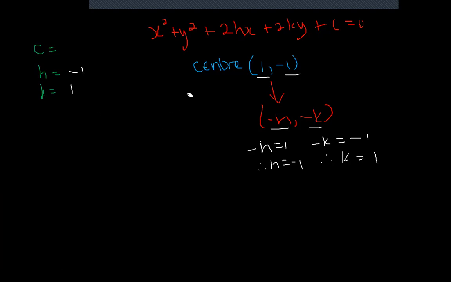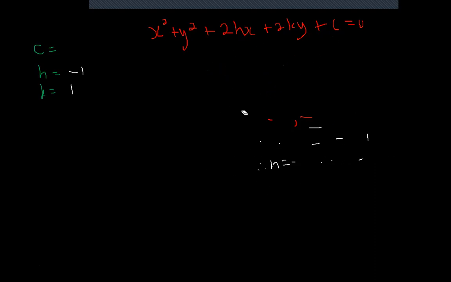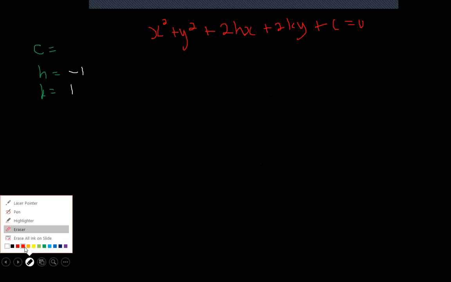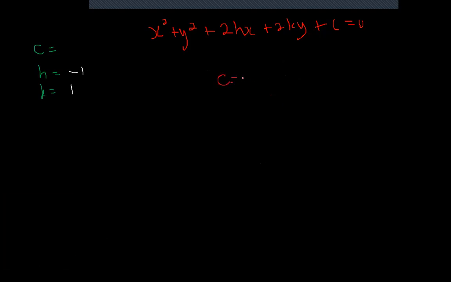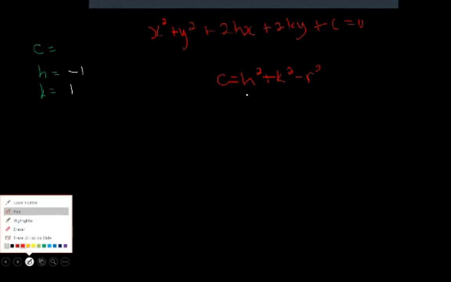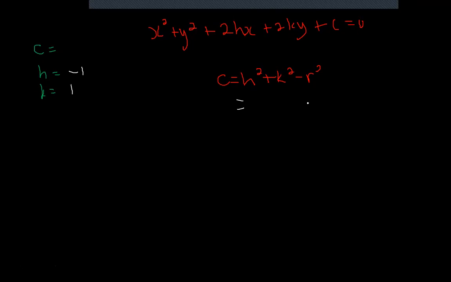Now we're looking for the constant, this constant right here, constant c. We know that the formula to find c is c is equal to h squared plus k squared minus r squared. H is minus 1 and minus 1 squared is 1.